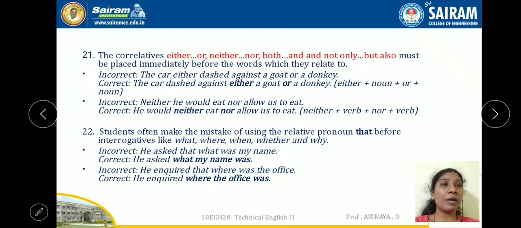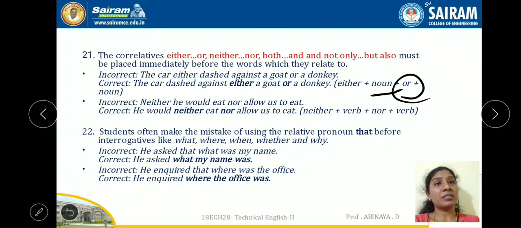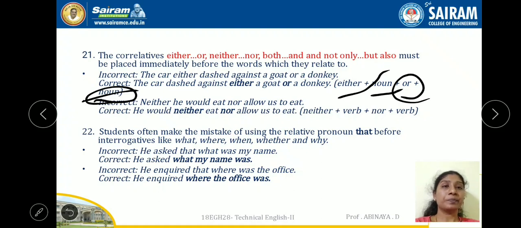If you are using a verb, go for verb with both either nor, neither nor. If you are using a noun, use either or, neither nor only with the noun itself. So don't go with either with a verb and or with a noun. It should not be like that. If either comes and the next is a noun, or comes and the next should be a noun. Both should be nouns or both should be verbs.